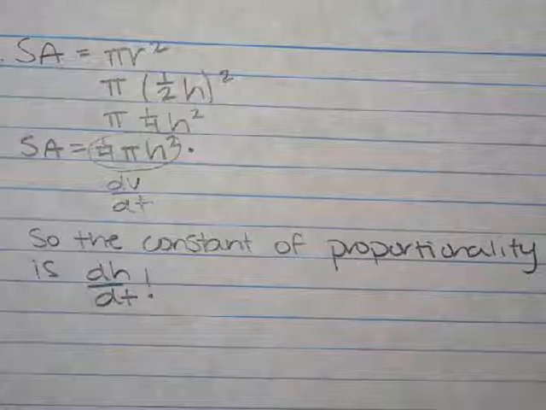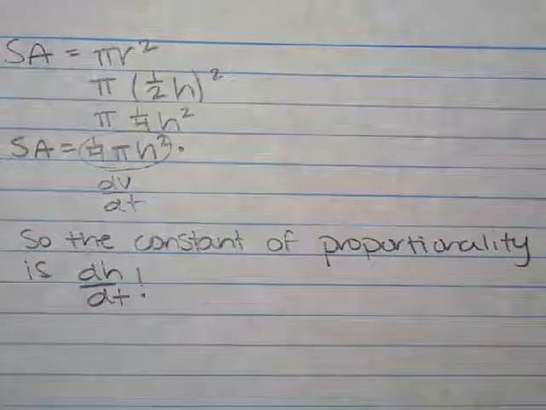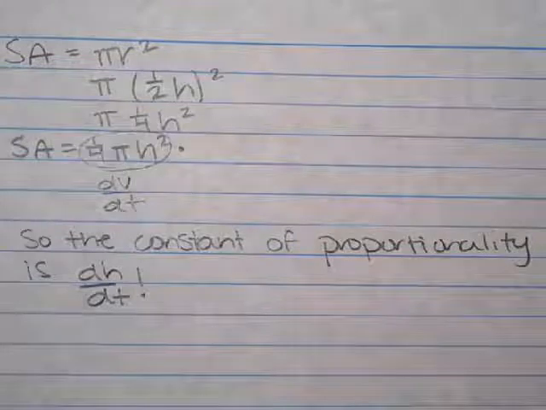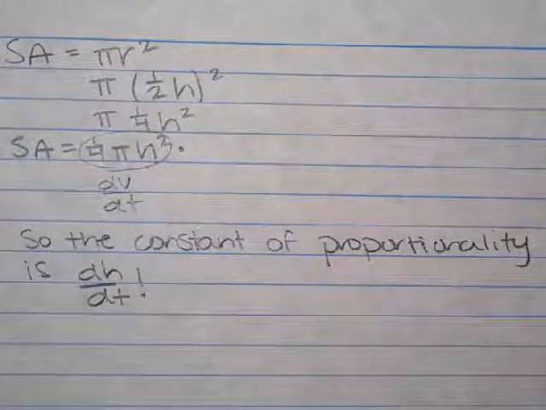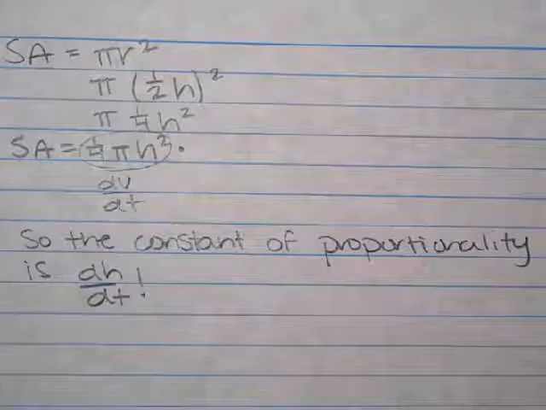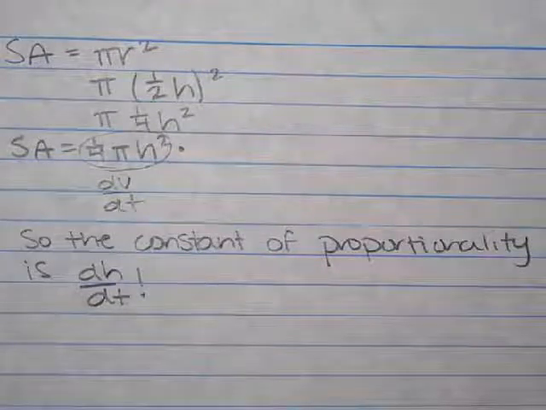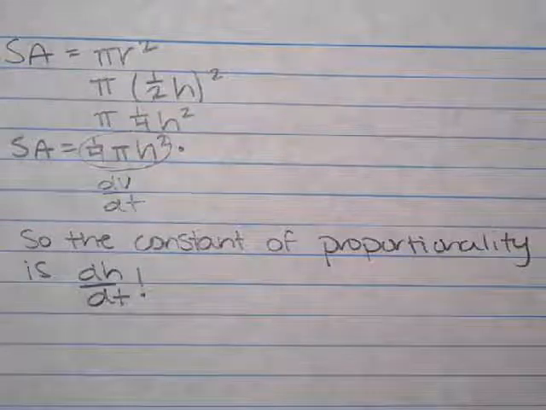So what it means is, if something is directly proportional like that, it means that when you can see in the cone, the deeper the water is, the more surface area is exposed, right?